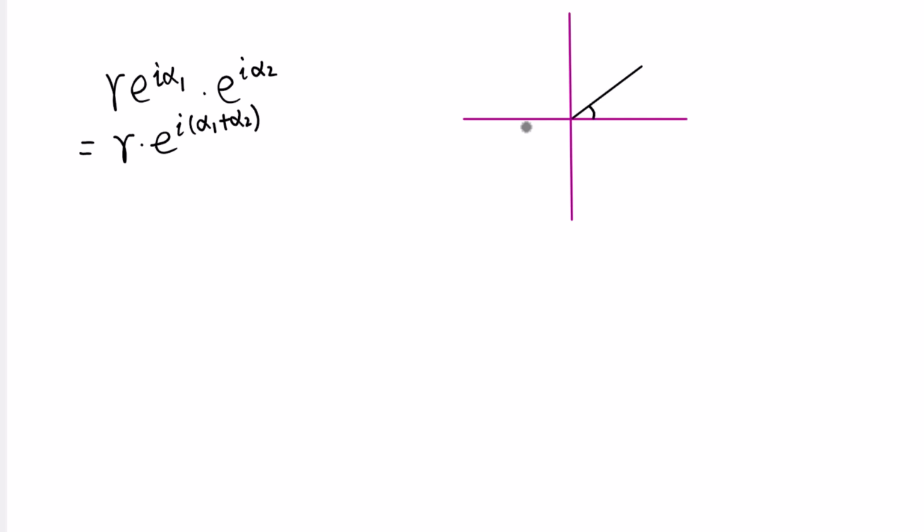Suppose this is alpha 1, R. This is alpha 2. This is R. Suppose this is z1 equals R times e to the power of i alpha 1. This is z2 equals R times e to the power of i (alpha 1 plus alpha 2).